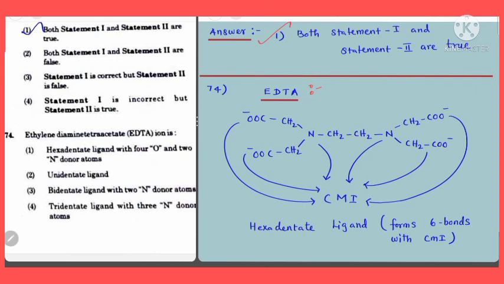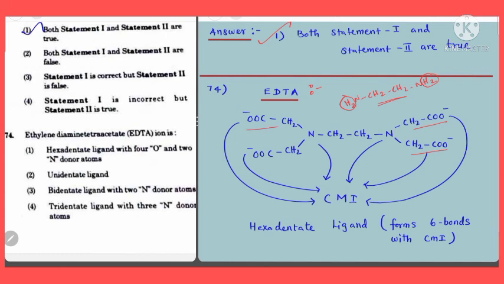I have drawn the structure of EDTA. This is ethylenediamine: NH2, CH2, CH2, NH2. Now these two amino hydrogens are getting substituted by acetate portions.